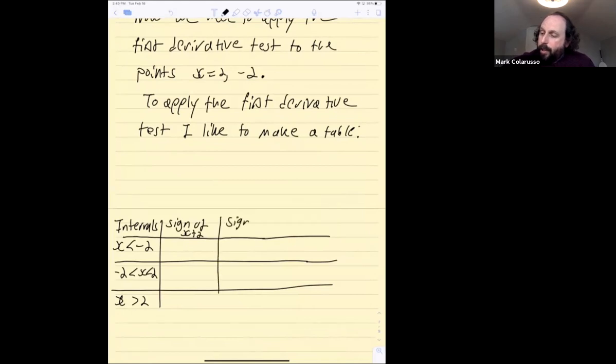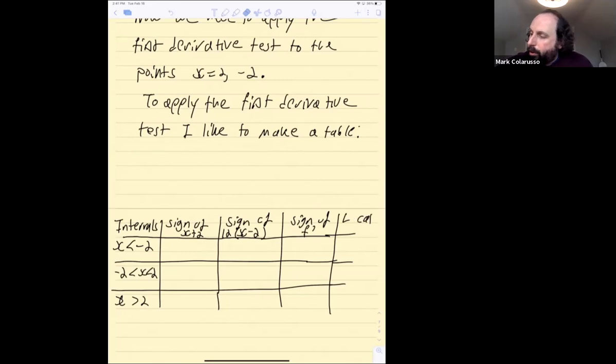This will be the sign of the next factor, x. You can throw the 12 anywhere you want. 12 is positive, it won't affect the sign. Then the sign of x minus 2, and this is the sign of f prime. And then the last column is local max or min.